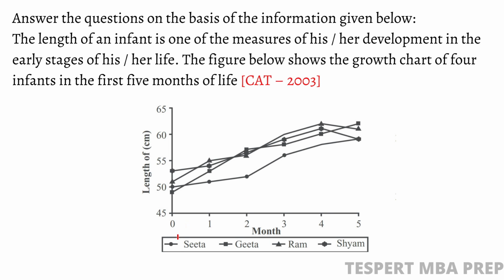So this is the month right from 0 to 5, and this is the length of the infants, right? 45, 50, which are expressed in centimeters, and Sita is expressed in this manner, and Geeta in this, Ram in this shape, and Shyam in this manner, right? So you can have a look into these respective graphs, individual graphs.